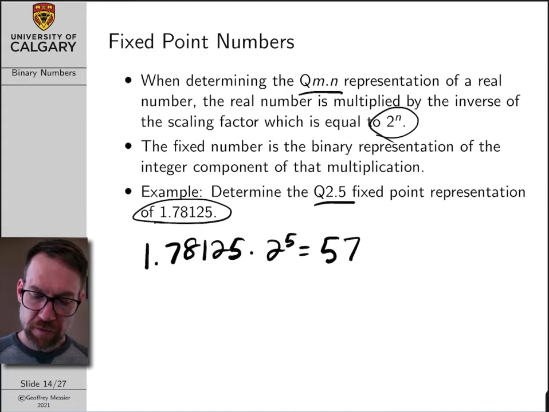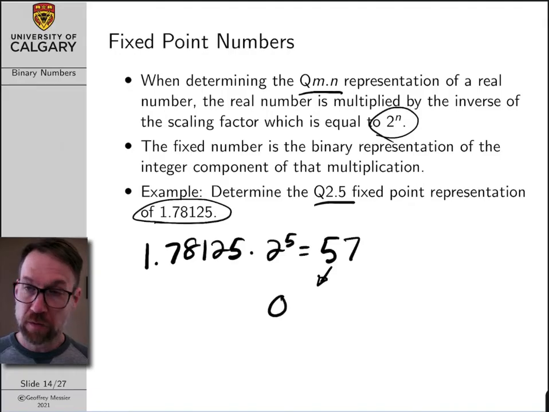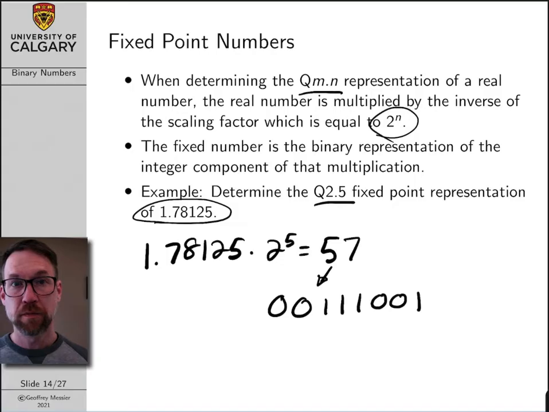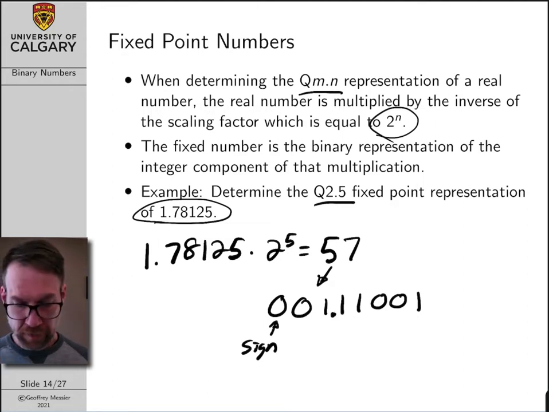And if I represent 57 as a binary number, it looks like this: 0, 0, 1, 1, 1, 0, 0, 1. And that's it. That's our fixed point number. Or if you want me to be a little bit more explicit, this is the sign bit. These are the two integer bits.